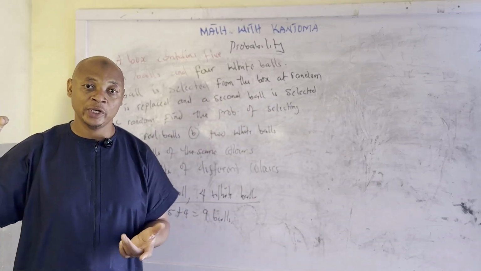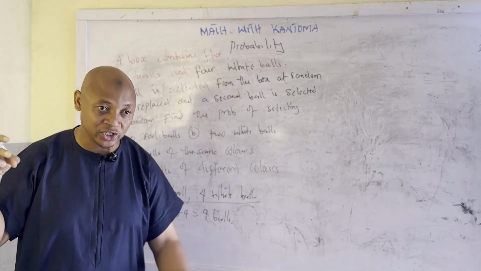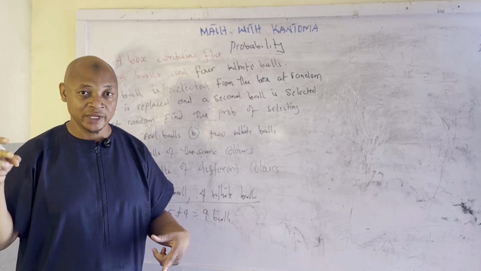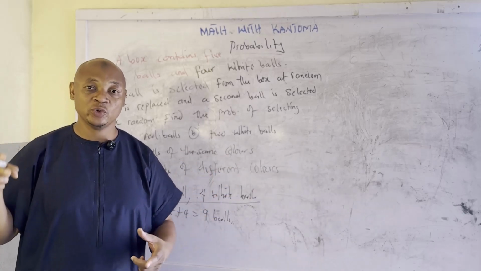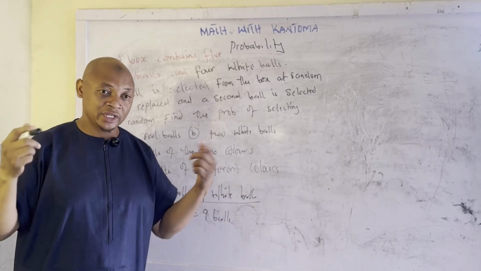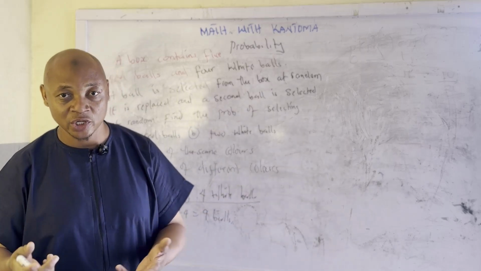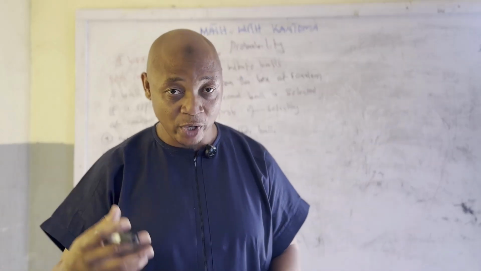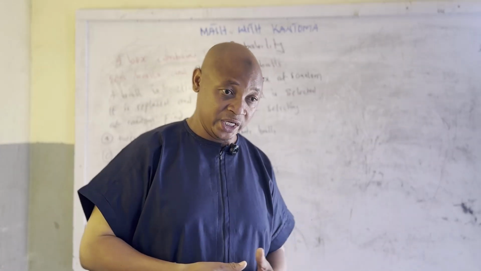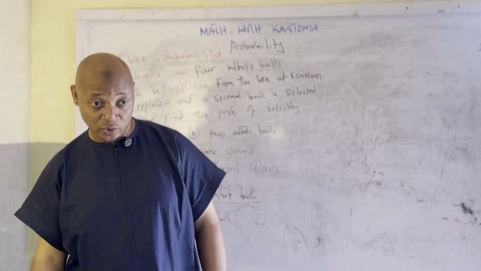When you pick the first ball, 8 balls will be left, and when you pick the second ball, 7 balls will be left. But in this case the ball is being replaced, so there is no difference between the number of balls in the first choice and in the second choice.